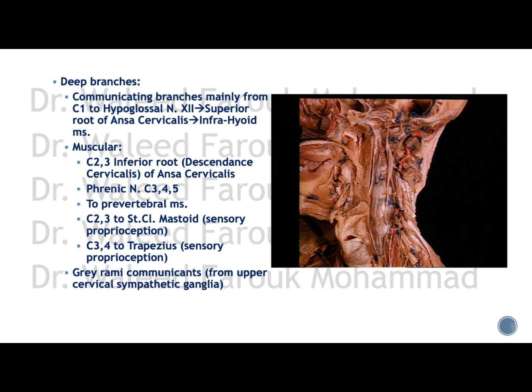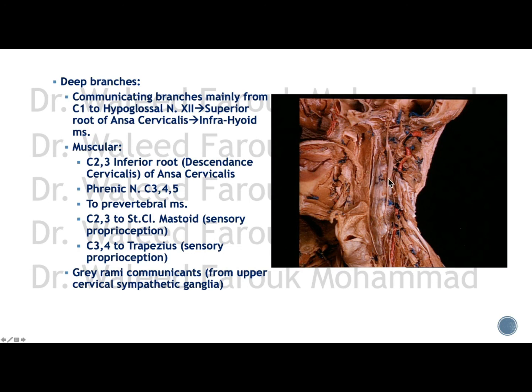We will discuss this later. So you have white rami only in the regions where you will find the power switch, which is all thoracic spinal cord segments and upper two lumbar segments. That's why T1 through L2 receive gray and white rami communicantes, while all the rest of the spinal nerves only receive gray rami communicantes.